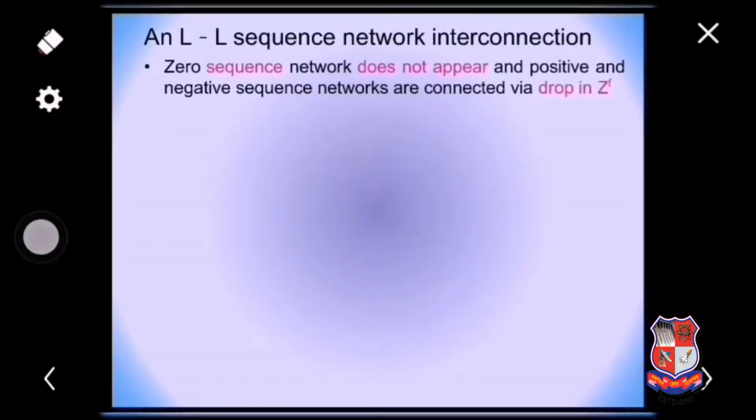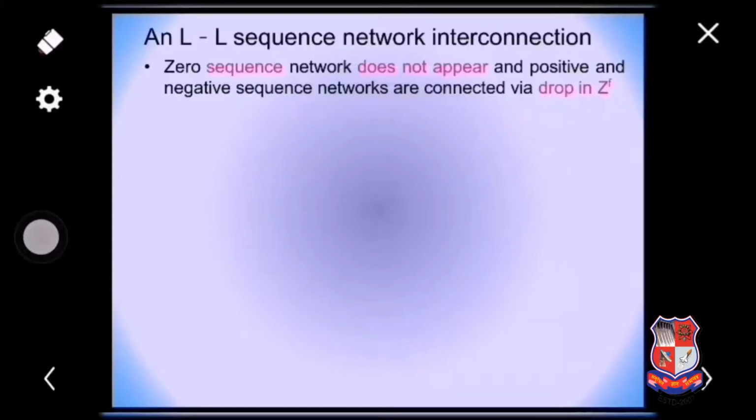Now let us take a look at the interconnection of three sequence networks. One thing is to be kept in mind: in case of LL fault, zero sequence network won't appear in the interconnection, and positive and negative sequence networks are interconnected just like in a parallel fashion via potential drop in ZF due to IA1 or minus IA2.